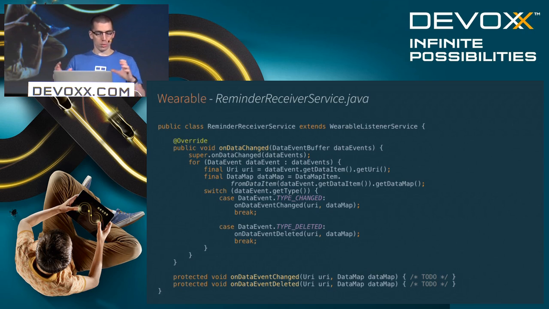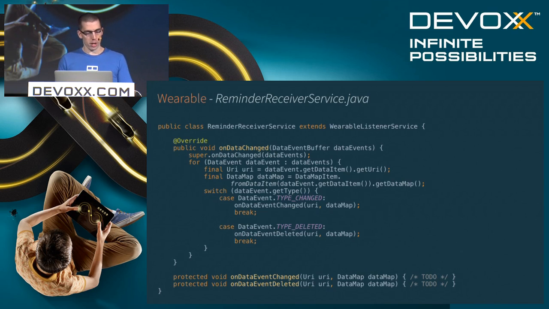What we will do here is read all of those data events and have a look at the URI, because we want to know about it. And most importantly, we want to know about the type, because a data event can be of two types: a changed type or a deleted type. Changed basically means that you have changed some data in it, and deleted, as its name suggests, means that the data item has been deleted from the data API, and the deletion needs to be synced on the network.